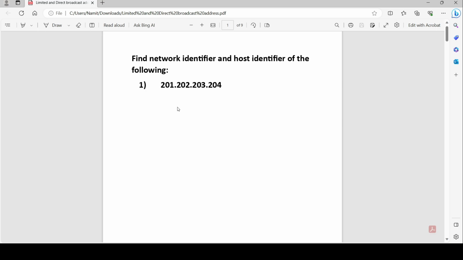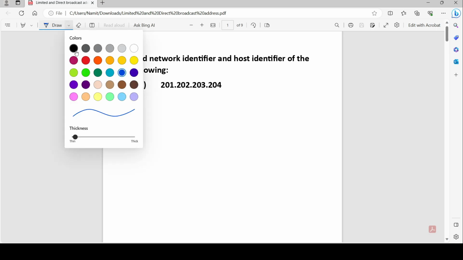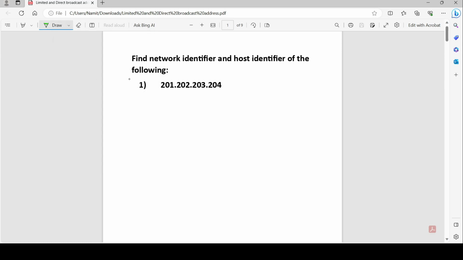The first question, let me start with my editor page. I'll answer today in this green color. The question is, find the network identifier and host identifier of the following.